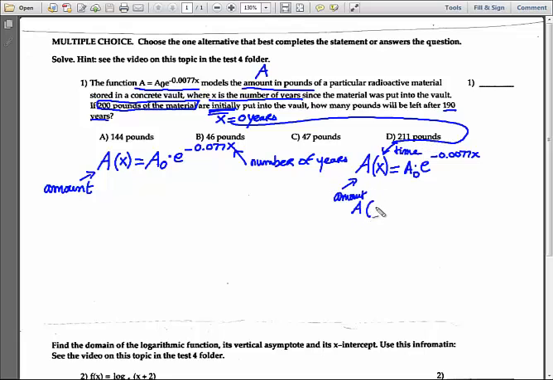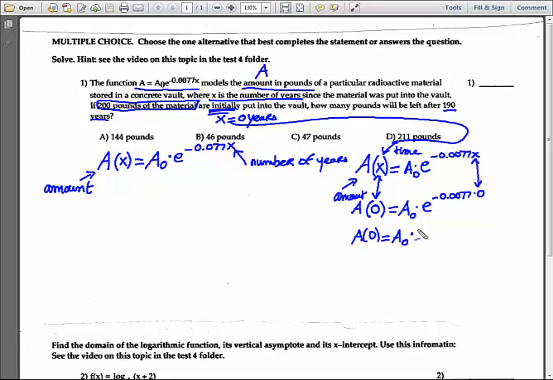So A evaluated at 0 is A sub 0 times e to the power negative 0.0077 times 0.